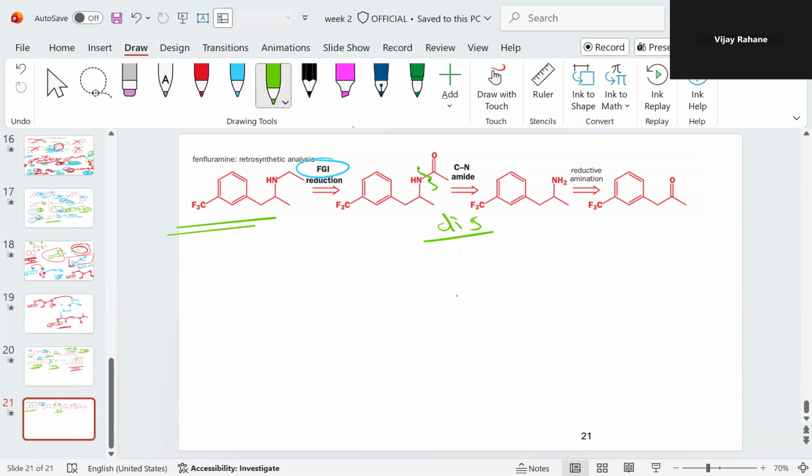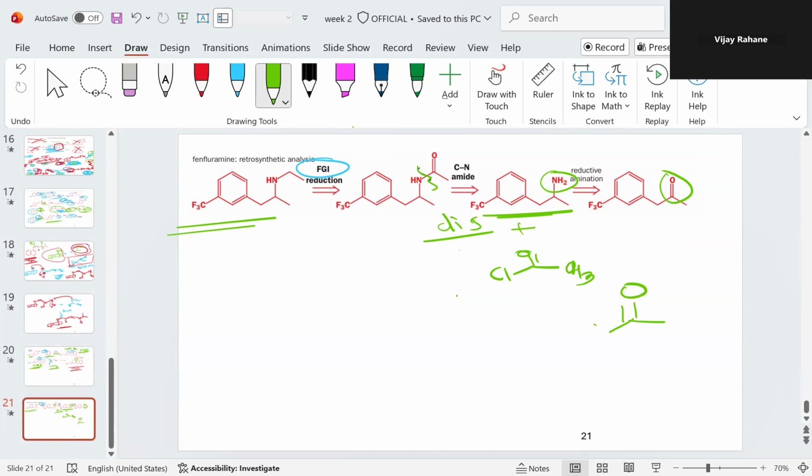Now here, this amine is one part, and obviously the acyl chloride will be the other. If you look at this amine in this entire molecule, from where can we synthesize it? We can synthesize this amine from this keto group, right? How? By reduction. We have already seen one example of this.